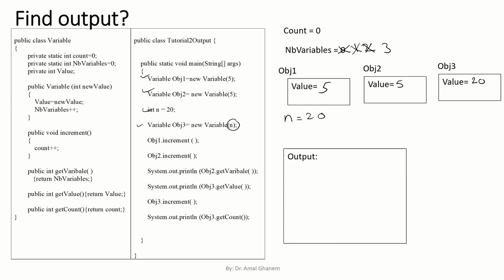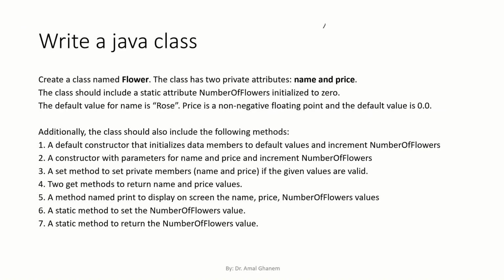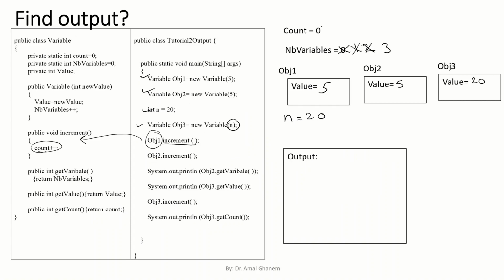Now it says go to object 1 and call the method increment. So we will go to the method increment and I will increment count. Count is static, so it will be shared between all of them, and the value will be 1.